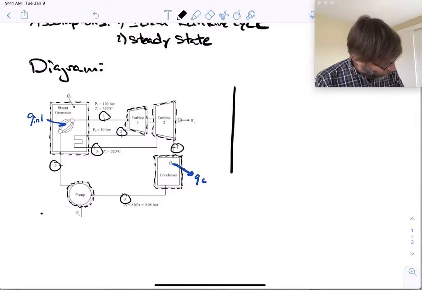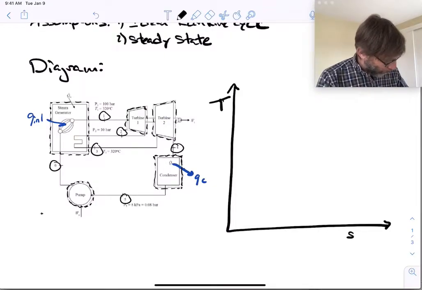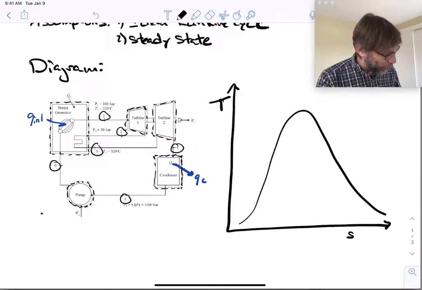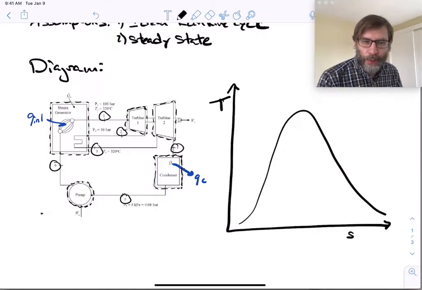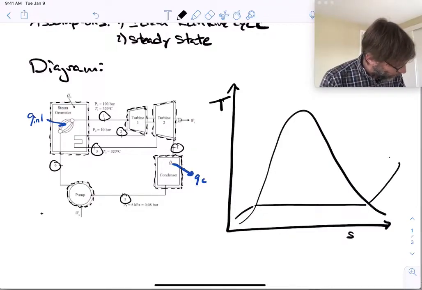The other thing we have to do, of course, is make our TS diagram. Always have to make our TS diagram. So our TS diagram is here. We're operating, in this case, on 3 different pressure levels, not just 2. We have the very low pressure, which is on the condenser side, at 8.08 bar.